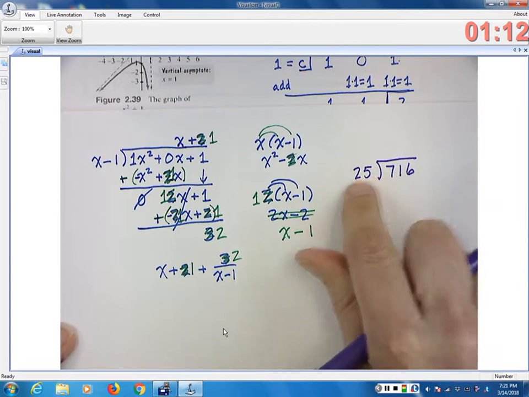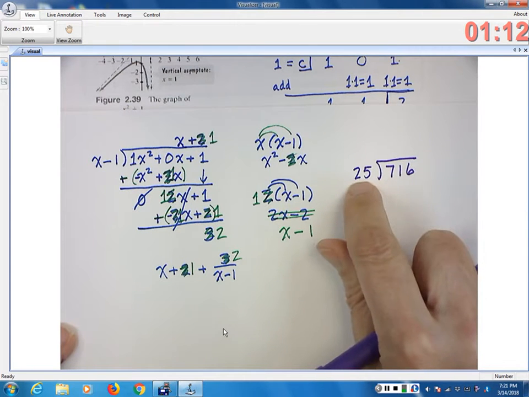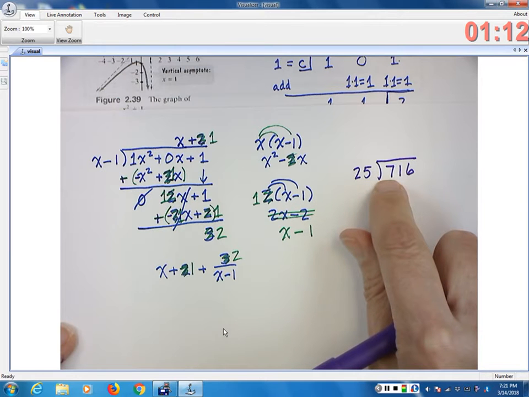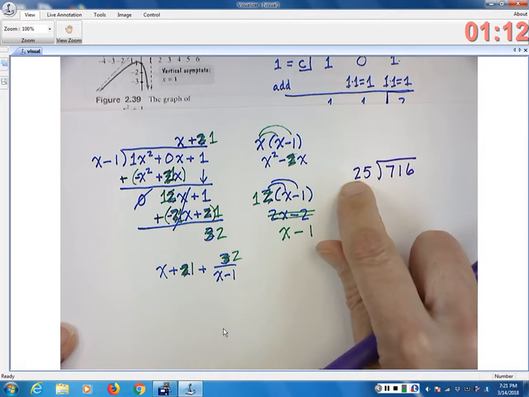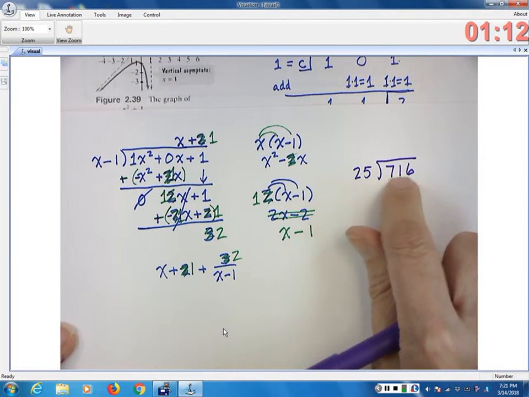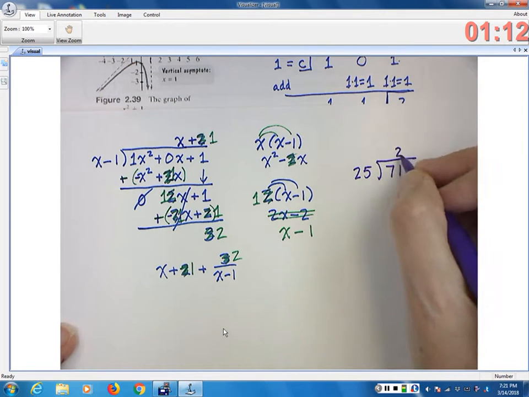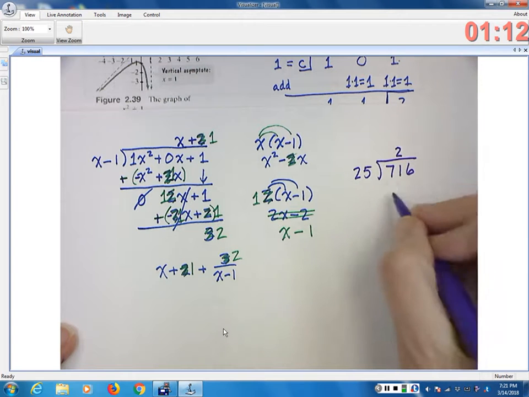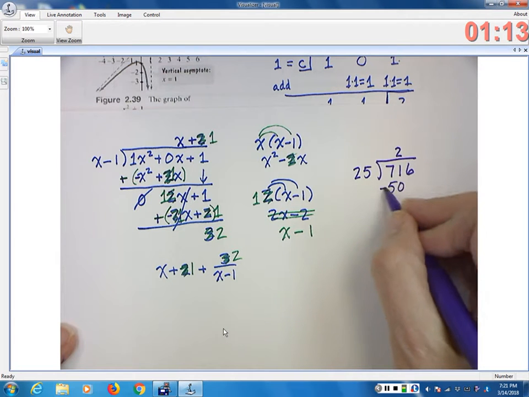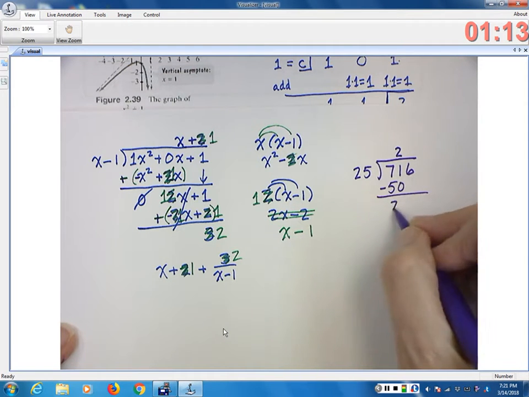You say, what times 25 equals 7? It doesn't go into 7. So what times 25 equals 71, the closest without going over? That's 2. So you put it over the 1, then you do 2 times 25 is 50, and then you subtract, and you get 21.